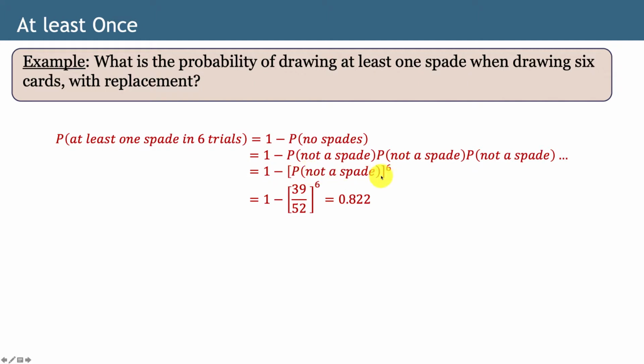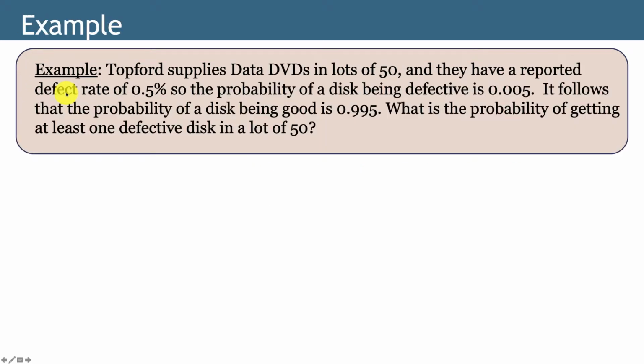So 1 minus that to the 6th power. Well, how many not spades are there? There's 39 cards that are not spades out of 52. And so to the 6th power. And so crank that out, get 0.822. So the probability of getting at least one spade is 82.2% if I were to do this with replacement.